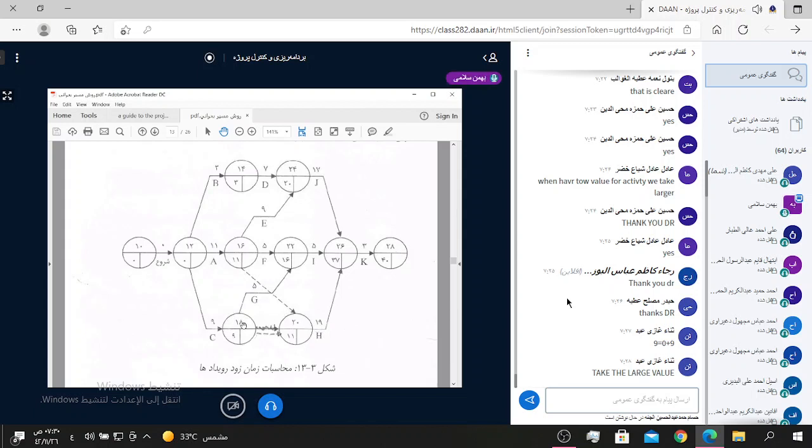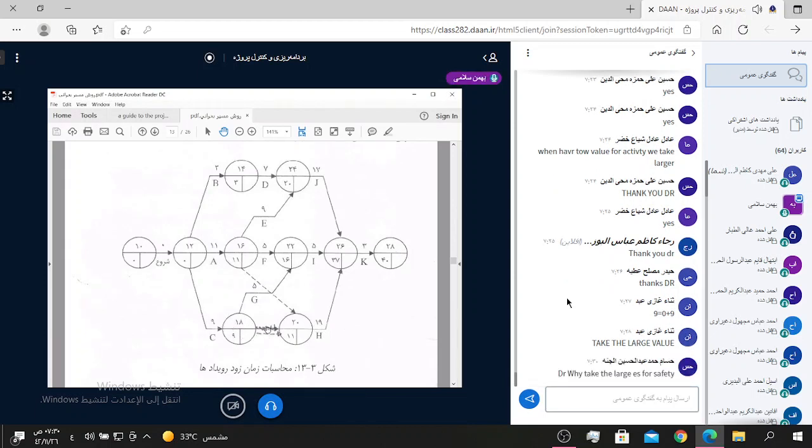And for node 18, 9 plus 0 equals 9. Between 9 and 11, we use 11 as the ES for node 20. It means we use the larger number.